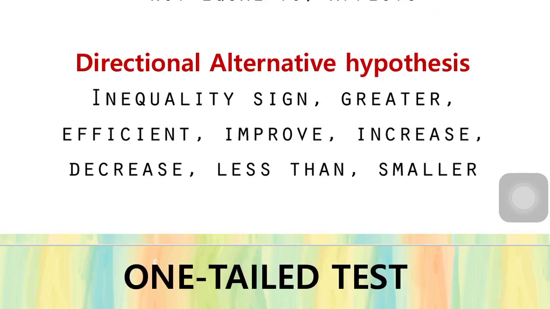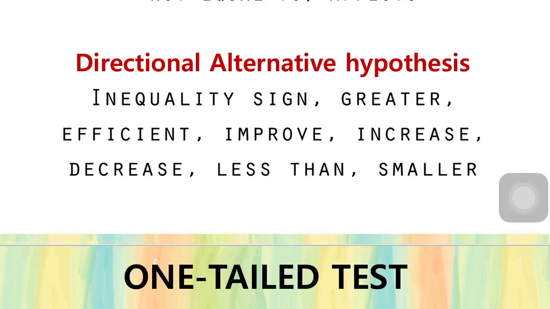And since the direction is going up, or in the normal curve we say it's going to the right, we say it is under the one-tailed, right-tailed. But if the direction is going down or to the left, like less than, decrease, smaller, then that signals a one-tailed, left-tailed.